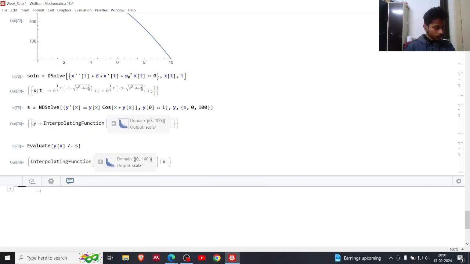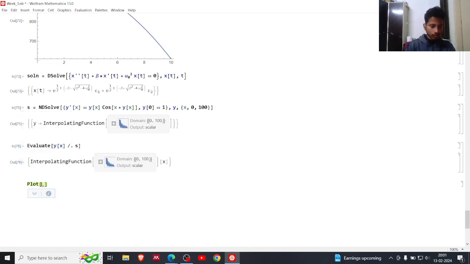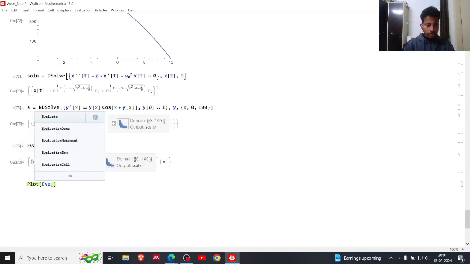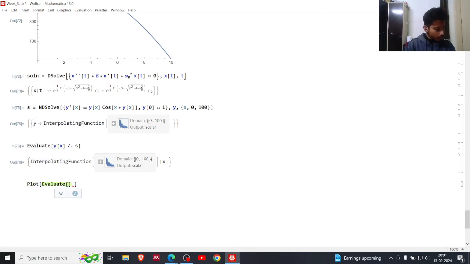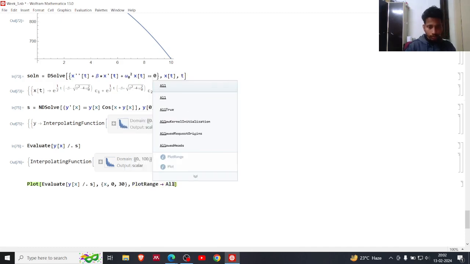Now plot, evaluate y(x) s, x 0 to 30, plot range all.